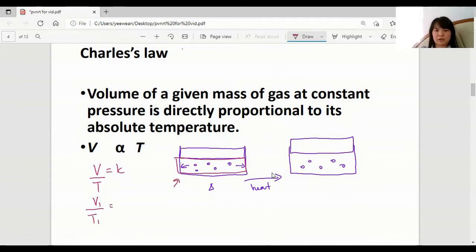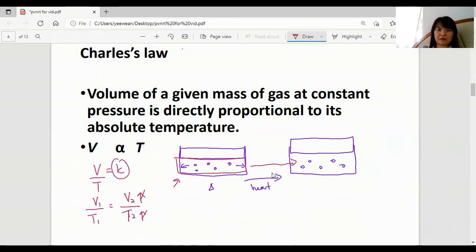If I were to increase the temperature here, heat it up, then it will move to a bigger volume. So the new temperature, which is higher, will cause the volume to also be higher. So it cancels out, and you'll get a constant.